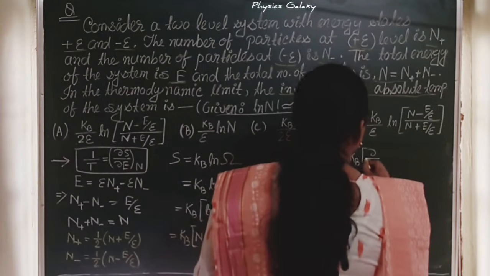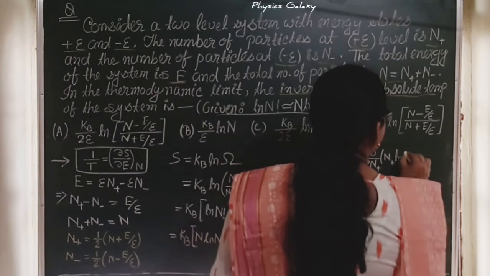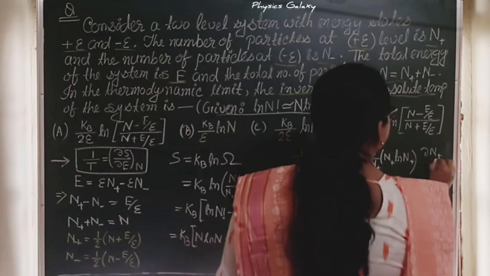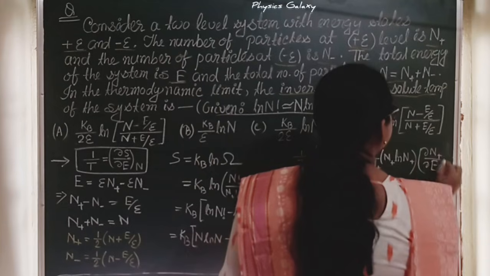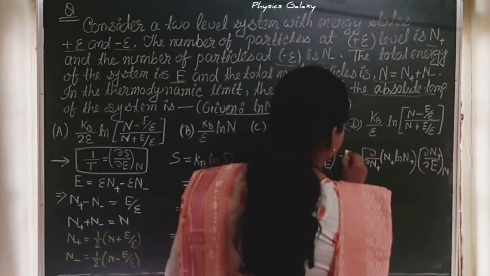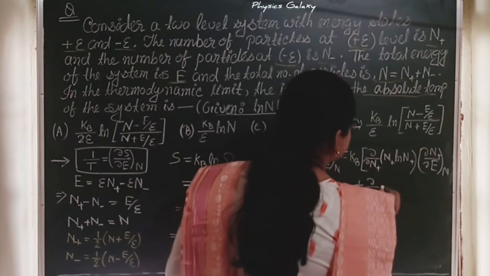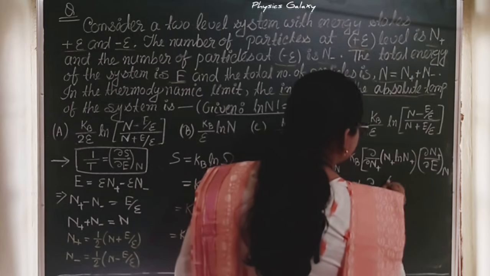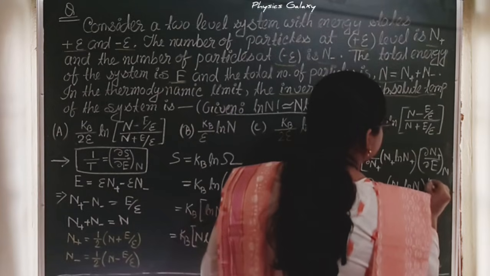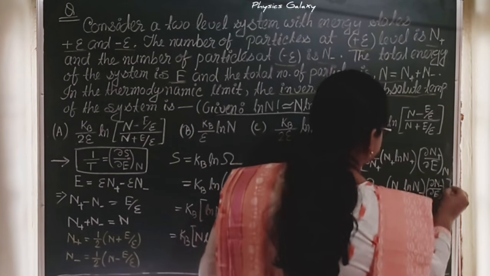So we will get del n plus into ln n plus into del n plus del E at constant n, and minus common here, plus del n minus into n minus ln n minus del n minus del E at constant n.